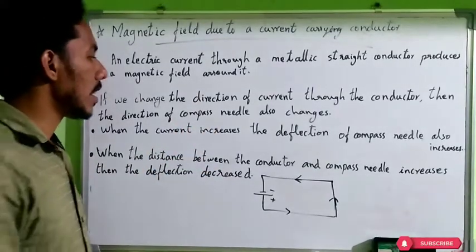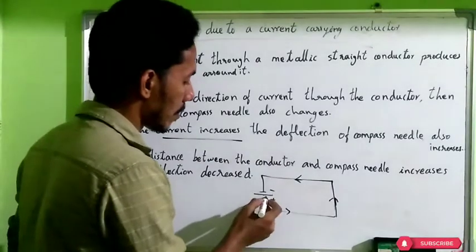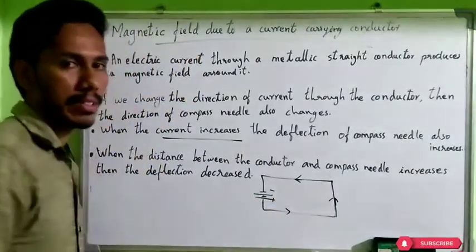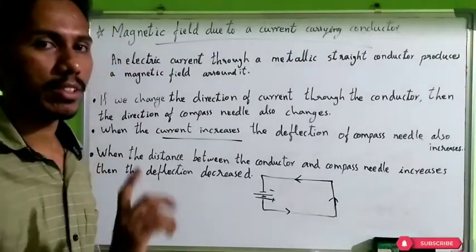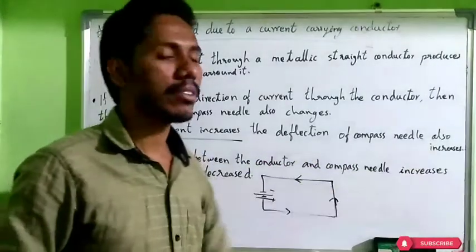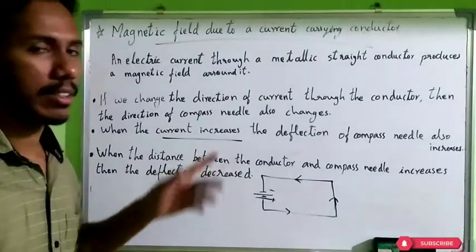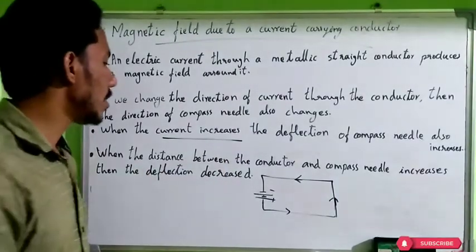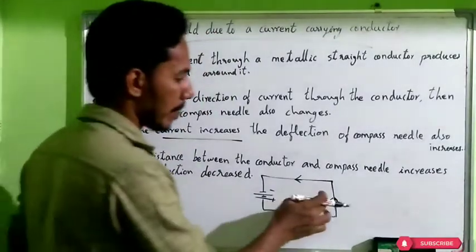Then when the current I increases, when the number of batteries increases, what happens? The deflection of the compass needle also increases. Then, when the distance between the conductor and the compass needle increases, what happens?